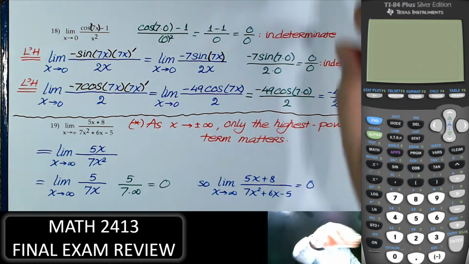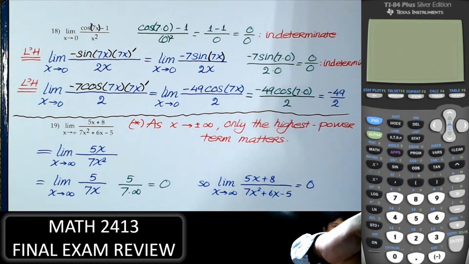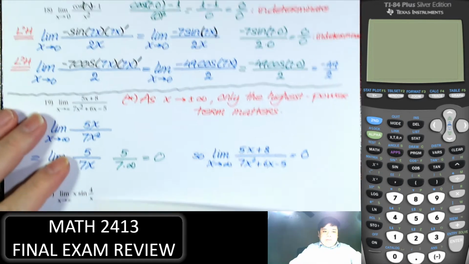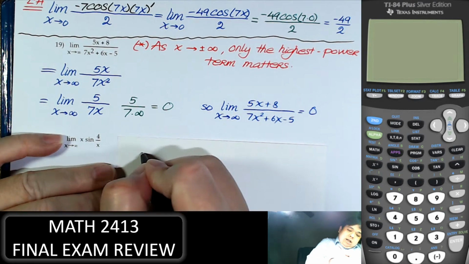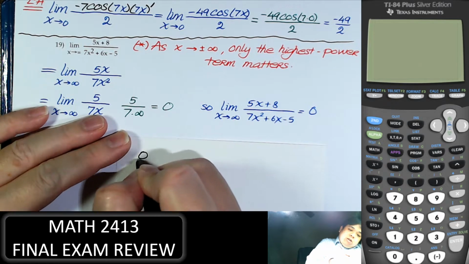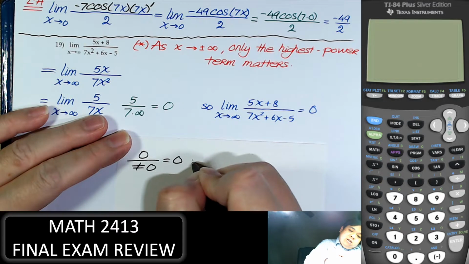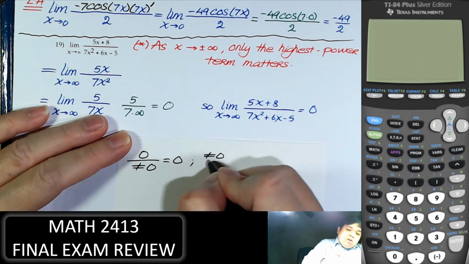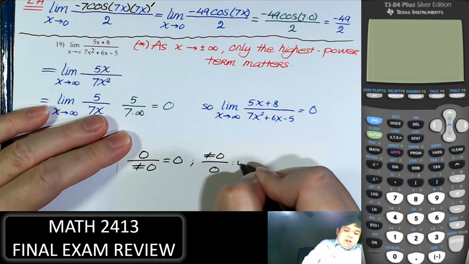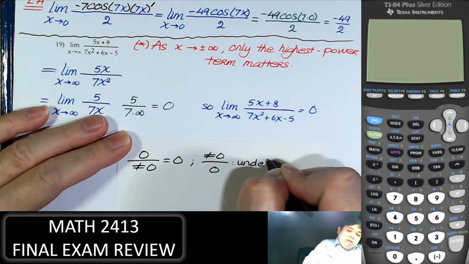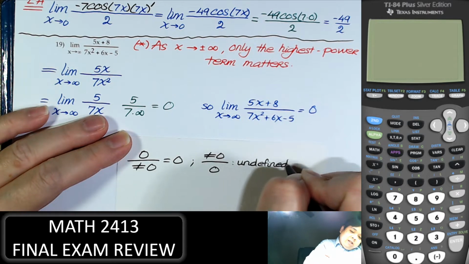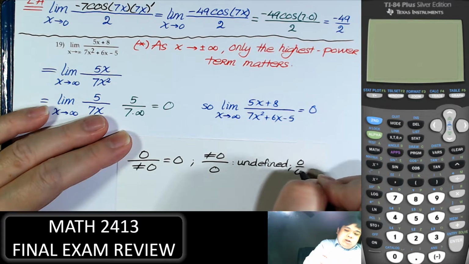So let me write out those rules. When you have 0 divided by something that is not 0, it's going to be 0. Something that is not 0 divided by 0 is undefined, and that could be plus or minus infinity. And 0 over 0 is indeterminate.